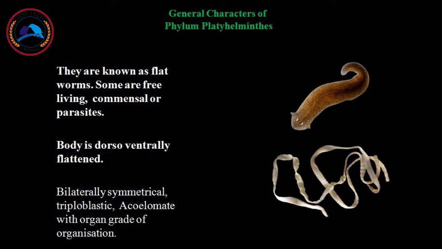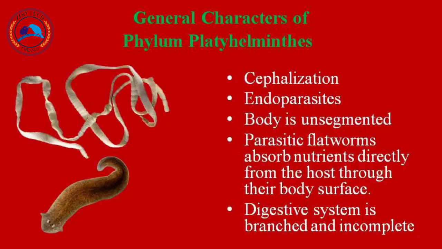Here the important character is cephalization. Cephalization means the head is formed. Even though the head is formed, the brain structures are not well developed in the case of flatworms. And as I told you already, they are endoparasites.